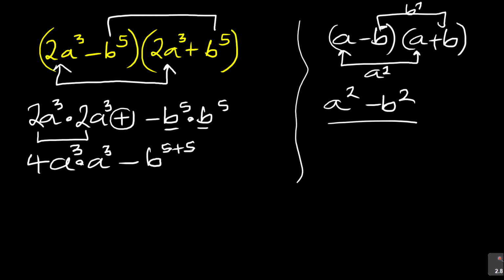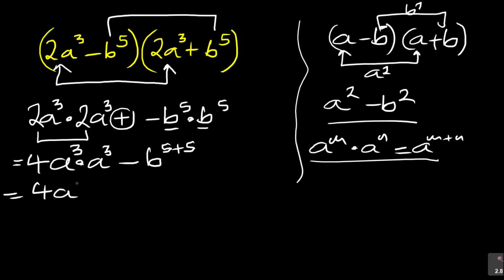You remember the exponents: a to the power of m times a to the power of n is a to the power of m plus n. You add when you're multiplying the same base. So even here it was 4a, 3 plus 3, minus b, 5 plus 5 is 10. So it is equal to 4a to the power of 6 minus b to the power of 10. This was the answer.